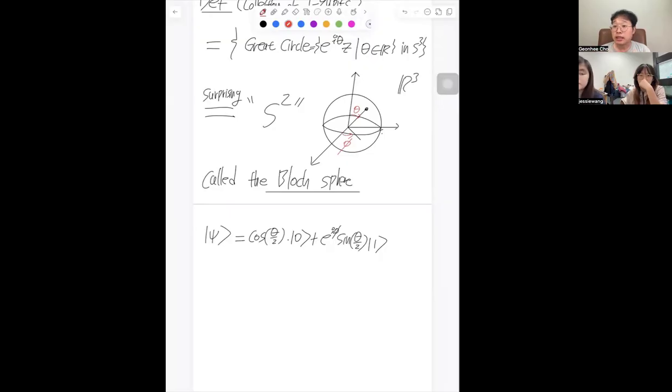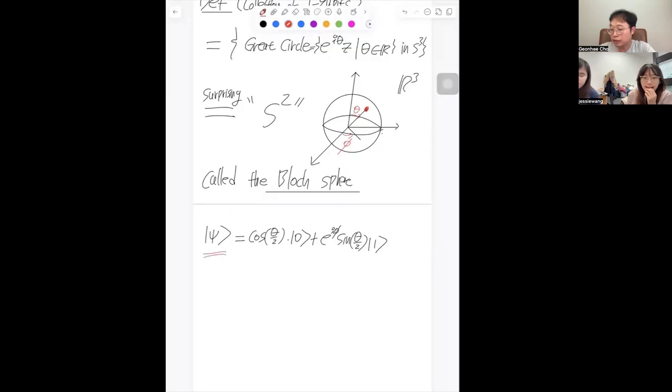What is the collection of one qubit? Just a two-dimensional sphere. For each point, you just need to look at the phase from the North Pole and also the trajectory along the equator. That determines each point. You now see that this point should be determined by theta and phi.